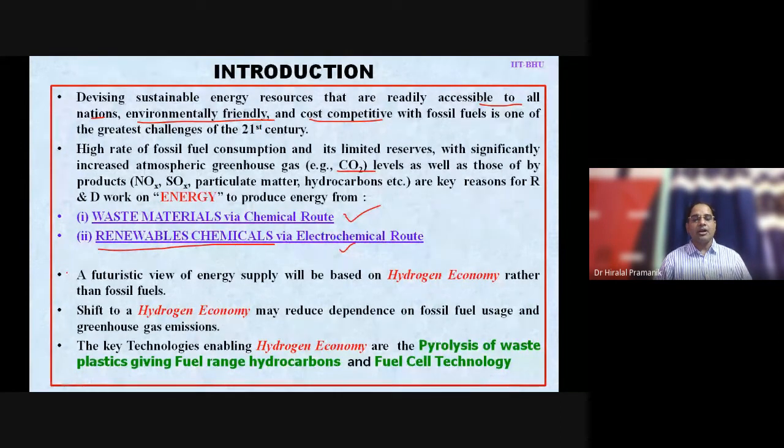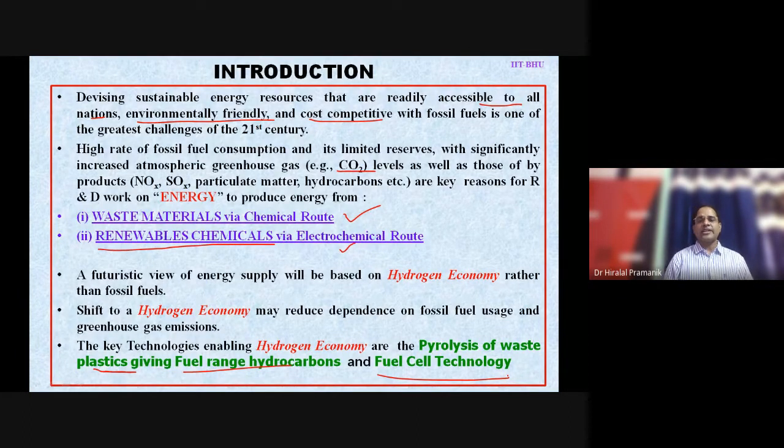The key technologies enabling the hydrogen economy are, what I would say, pyrolysis of waste plastic, where I have considered waste plastic material to produce fuel range hydrocarbon, and fuel cell technology, where we can use alcohols like glycerol or ethanol as a renewable fuel, and hydrogen as well, and then convert it into electricity directly, right? It's similar to a battery, and I shall discuss fuel cell in detail.